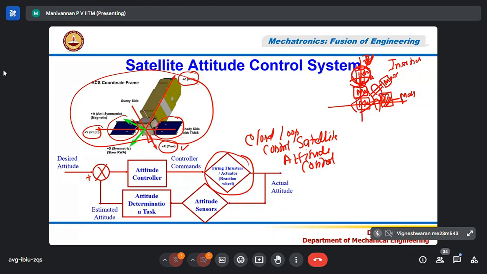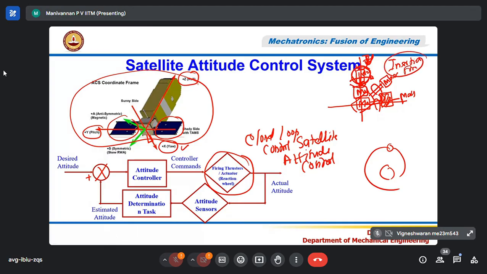I told you, with respect to the x-axis, y-axis and z-axis, the satellite is launched by the rocket and it is maintained. But you need to change the direction because you have to rotate around the earth, and maintain this as well. To do that, the motor speed will be varied so that the inertial force generated is varied.